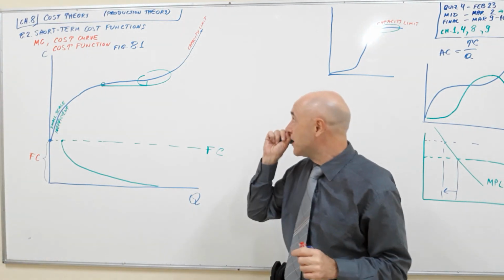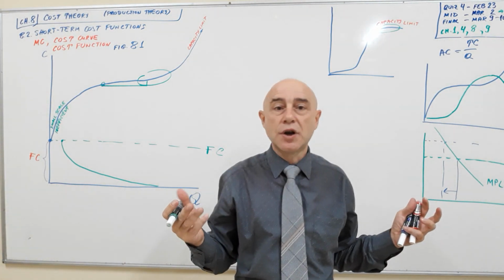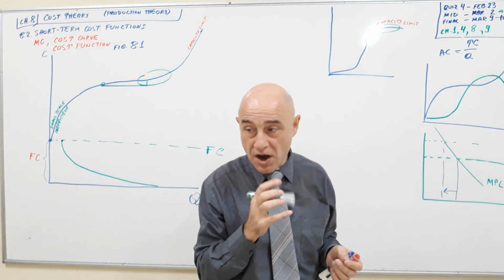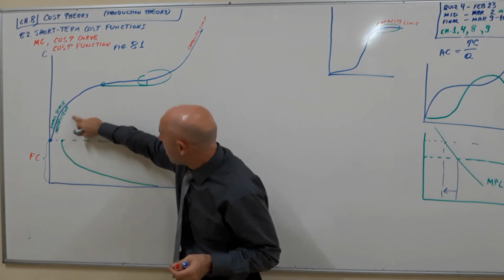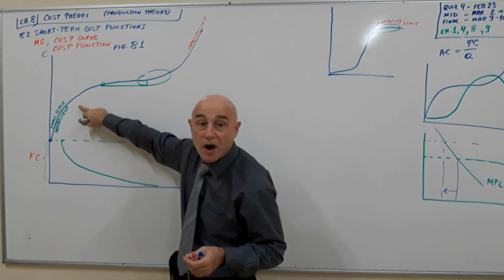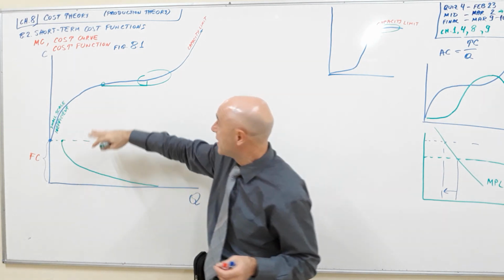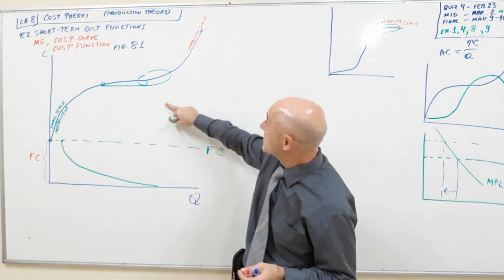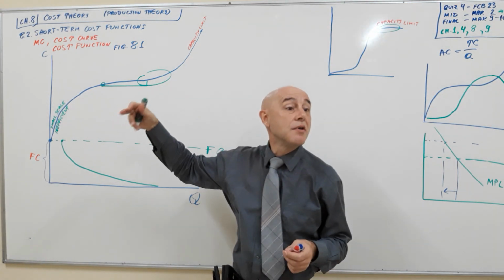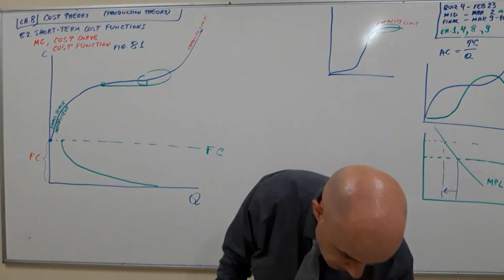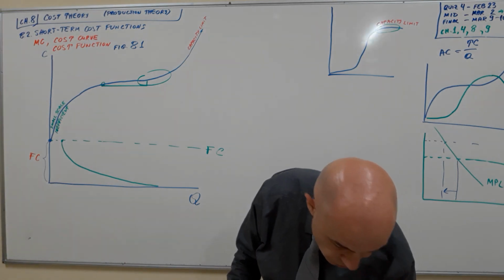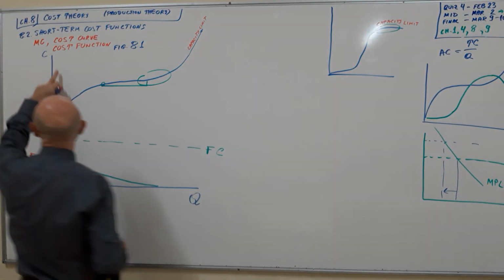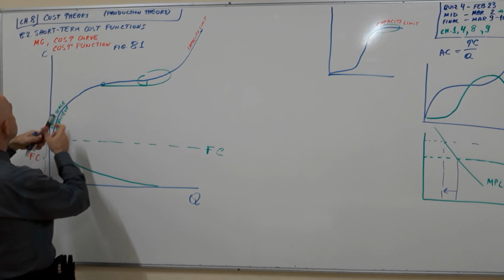And now we need to do the average cost. Well, what is the average cost? Alright. Well, the average cost here may possibly rise. Okay, possibly rise. Somewhere here, the average cost is going to be falling. And somewhere here, the average cost is going to be rising again. Let's take a look. Where's the average total cost. So average total cost is here, very high because of the fixed cost.